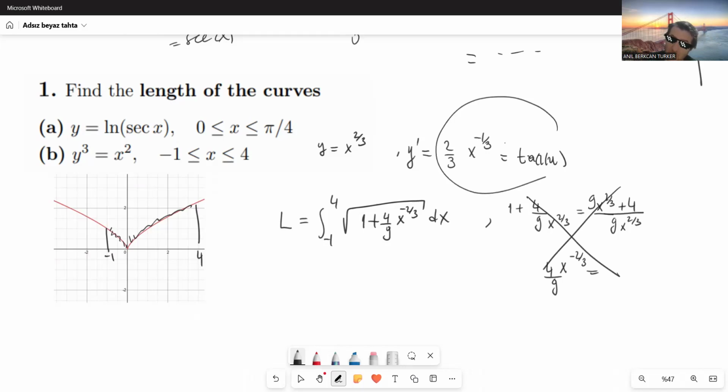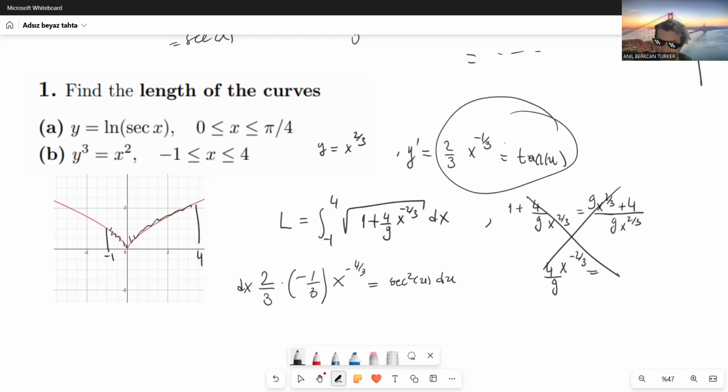So let's take the d of both sides. 2 over 3 minus 1 over 3 x to the power minus 4 over 3 dx is like secant squared u du. Of course, don't forget about dx.